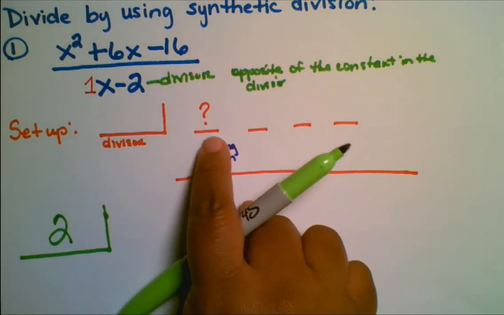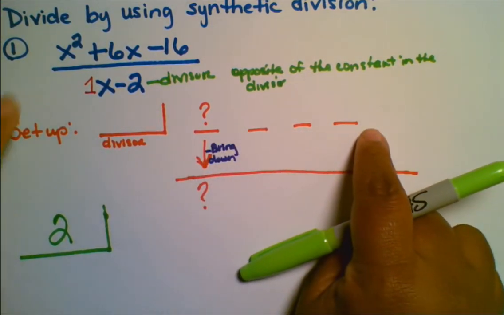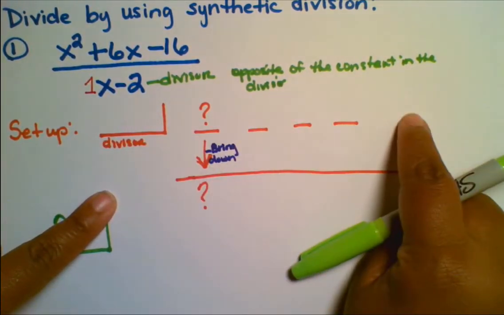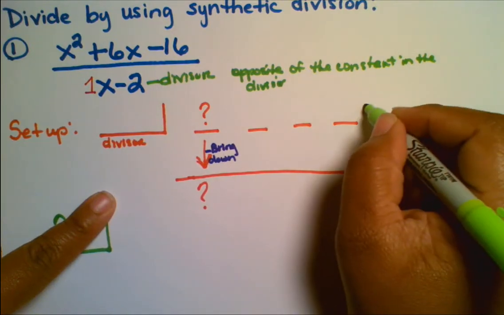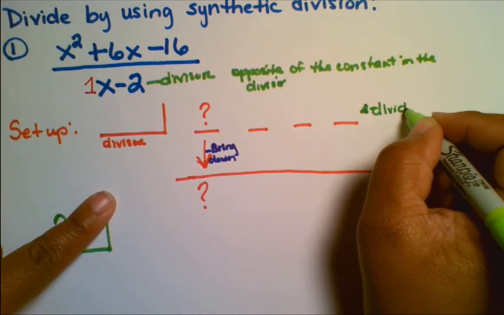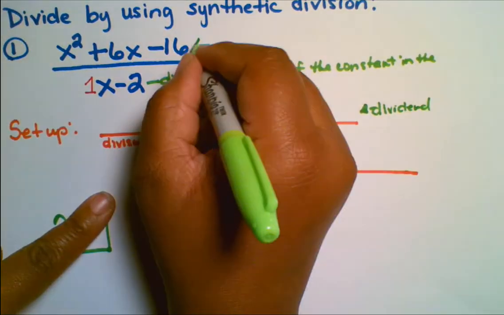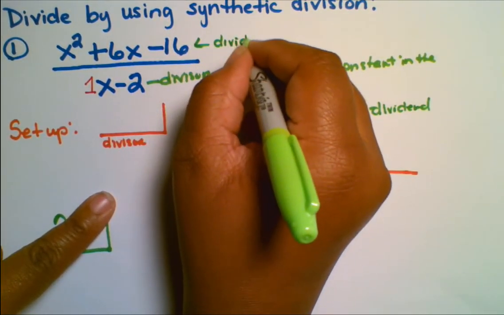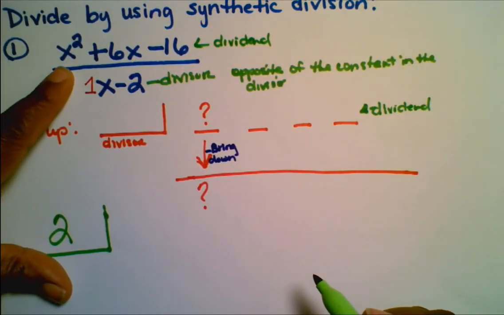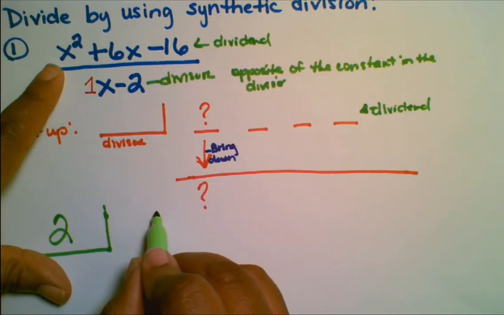Then the part where I have the dotted lines, this will be the dividend area where you're going to write the coefficients. This is the dividend. So we're going to look at the coefficients. What's the coefficient of x squared? It is a 1.